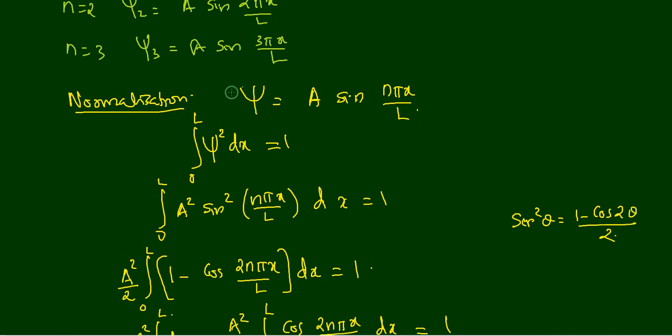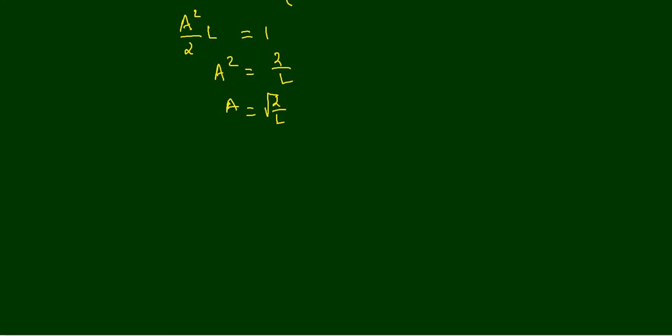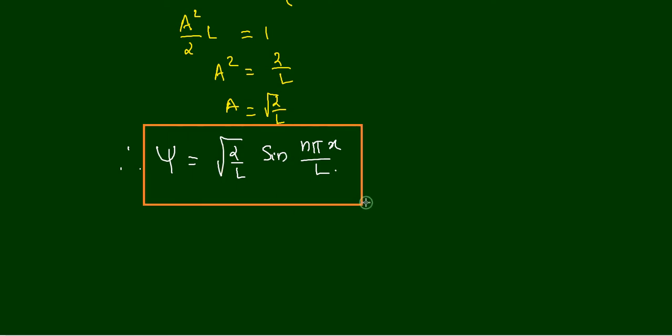What is the expression for psi? Psi is equal to a sine n pi x by L. So our wave function psi becomes psi is equal to root of 2 by L sine n pi x divided by L. Okay, so this equation is our complete wave function.